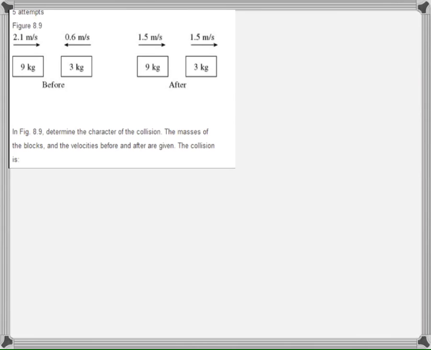If you take this direction as positive, then the initial momentum is 9 times 2.1 minus, because 3 kilogram is moving in the negative x direction, let's write down the mass first, 3 times 0.6.